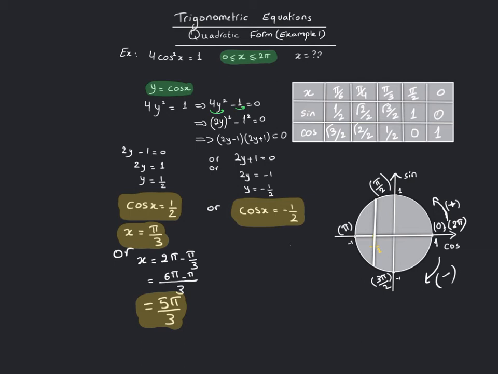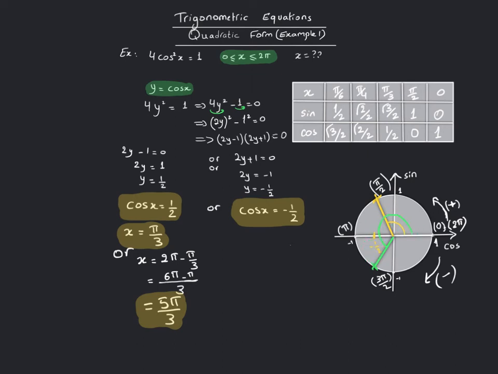It meets the circle here in 2 points. This is the first one, and this is the second one. Now let's draw its corresponding angles. So here is the first angle, and there is the second angle.